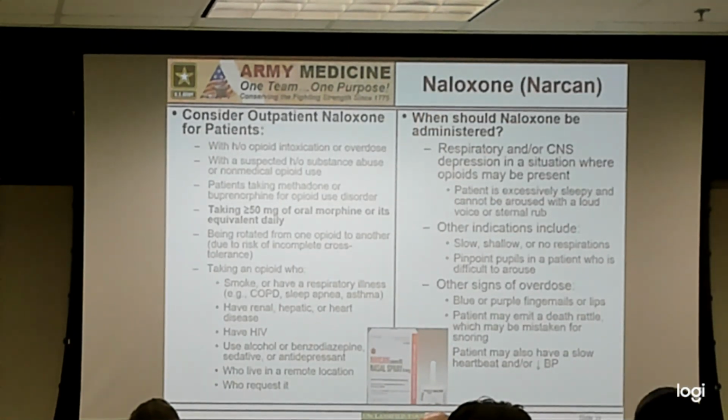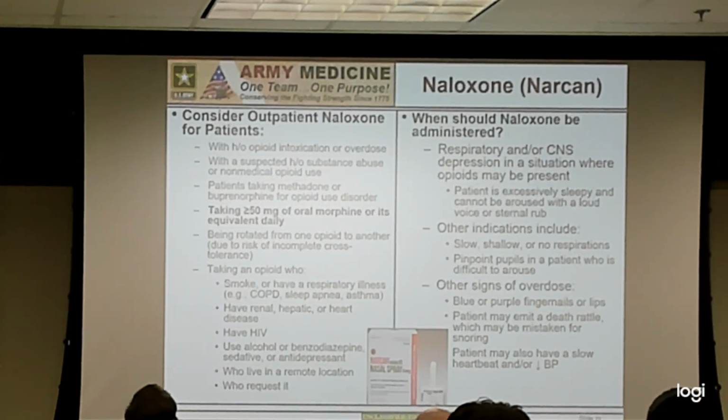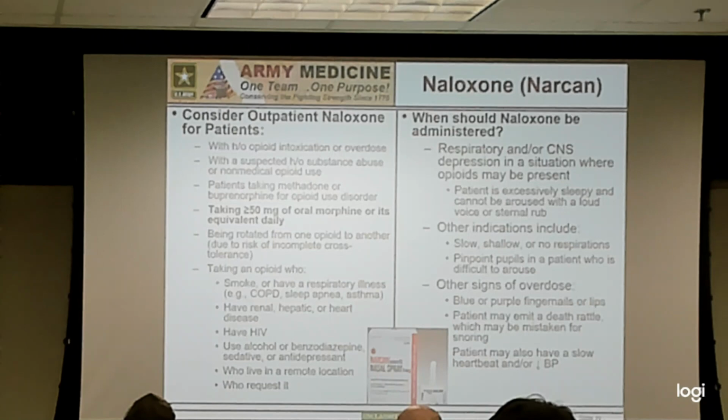This is essentially what I was telling you. Any patient that you're going to give opioids to that are outpatients, just go ahead and prescribe them the naloxone. The pharmacy also screens for this as well. It's easier for us if you guys just write the prescription when you send them over.